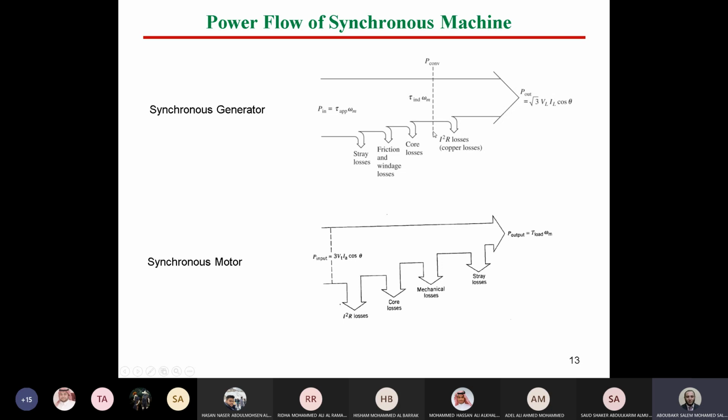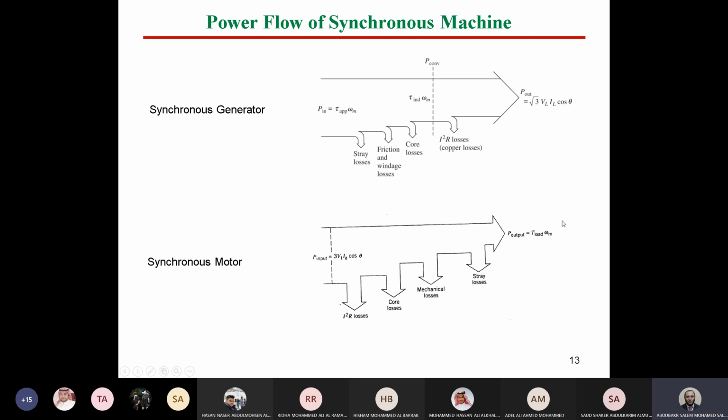This converted power travels from stator to rotor, or rotor to stator here as a generator. Then we will have some copper losses in the armature windings, and the remainder will be the AC power, which can be represented as square root of 3 V line I line cosine theta, where theta is the power factor angle, or cosine theta is the power factor. This is a general form of active power obtained from a generator.